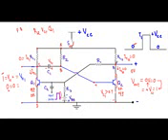You will see that this 0 volt will be applied across the series connection of R1 and the base to emitter junction of the transistor Q1. That means the voltage difference between this terminal and this terminal will be less than 0.7 volt.